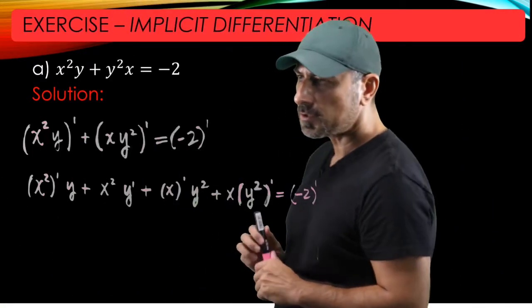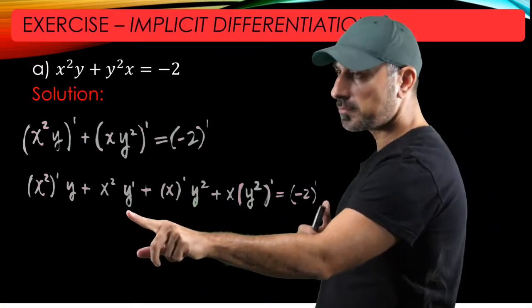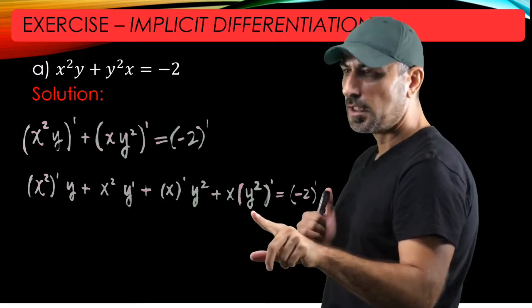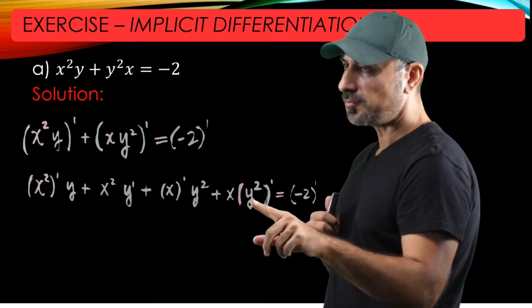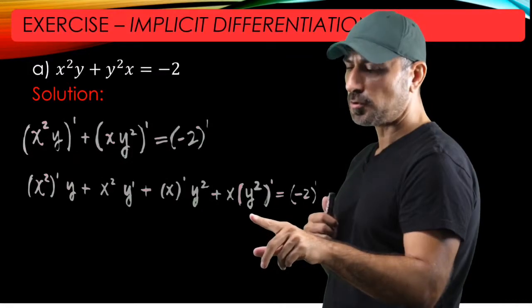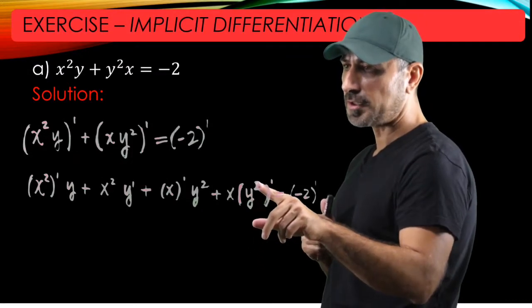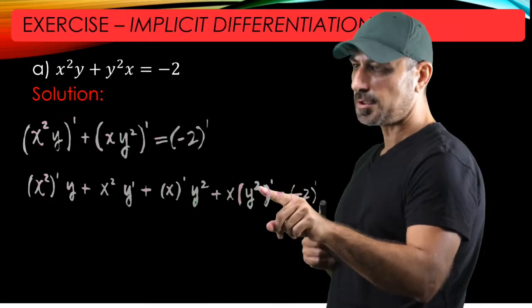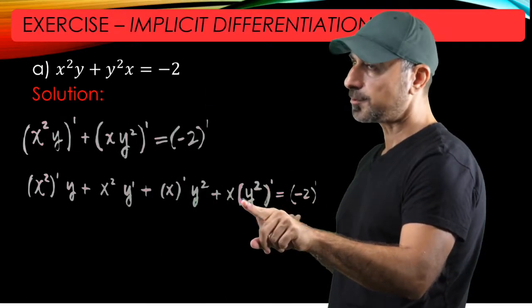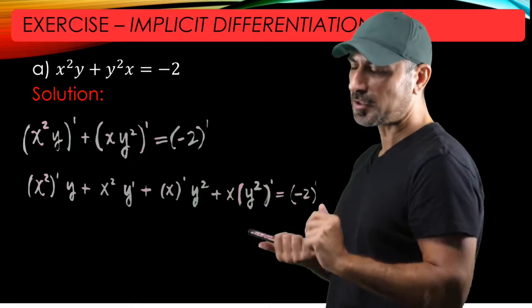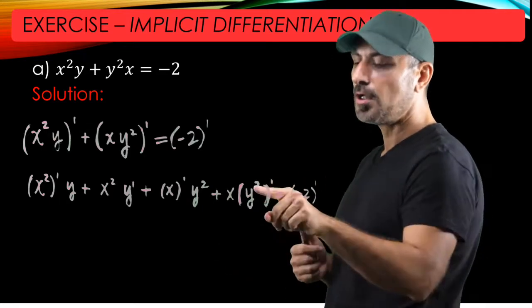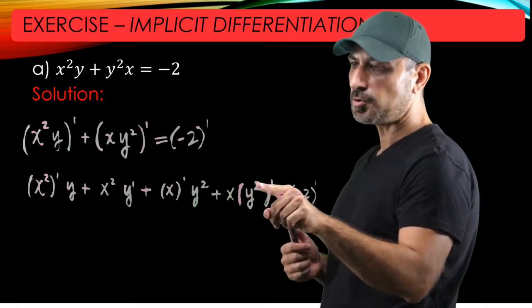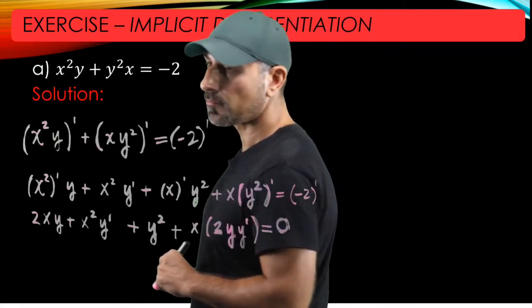One thing we should be careful about: this y prime term is fine, but this one is the derivative of y squared, so we have to use the general power rule because we have a function of y raised to the power of 2. The derivative of this is 2 times y, as if you're using the power rule, but since y is a function of x, by the chain rule this turns out to be 2y times y prime.